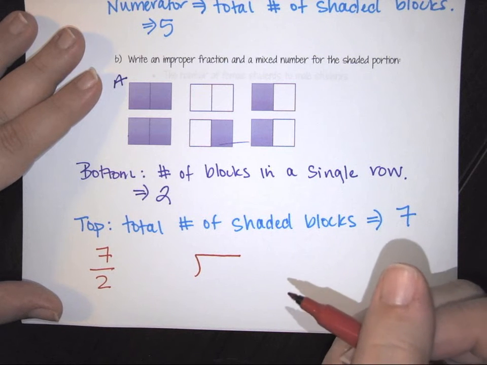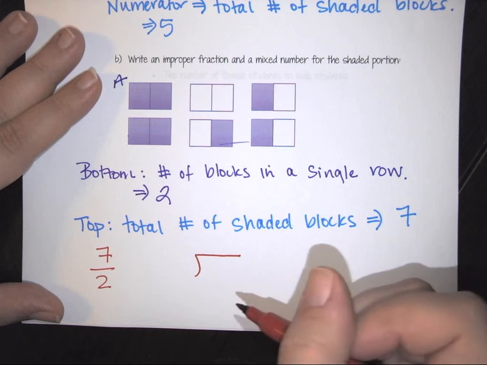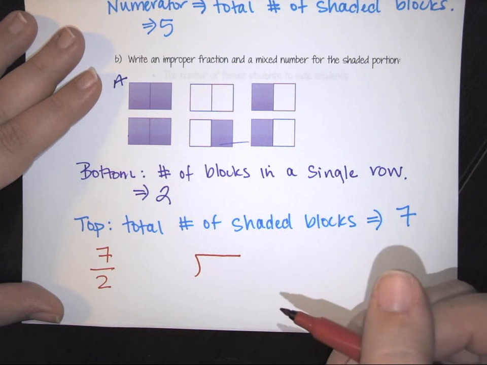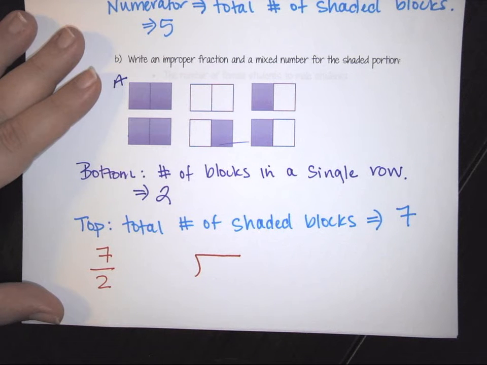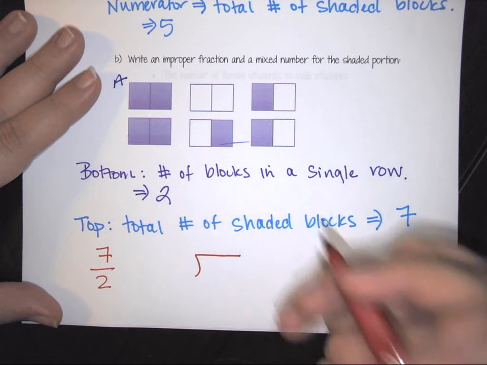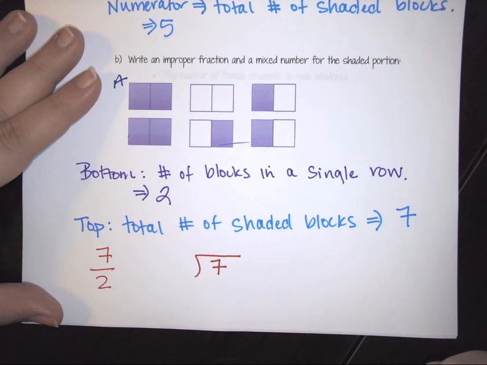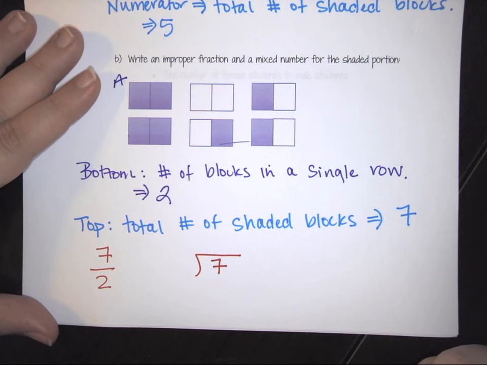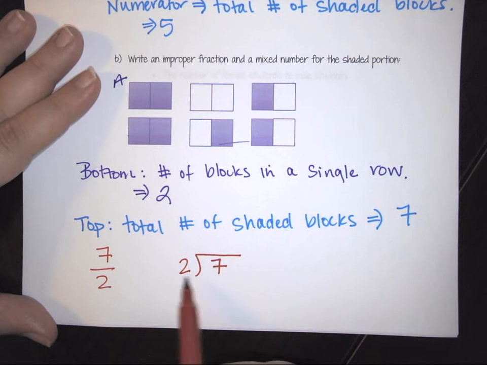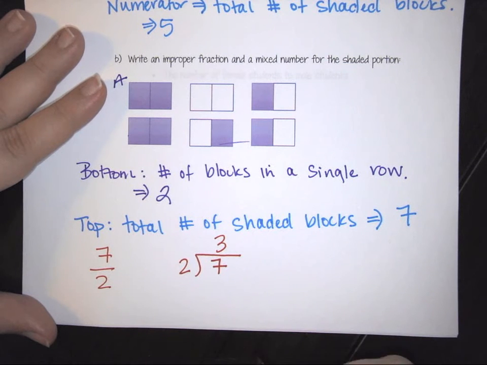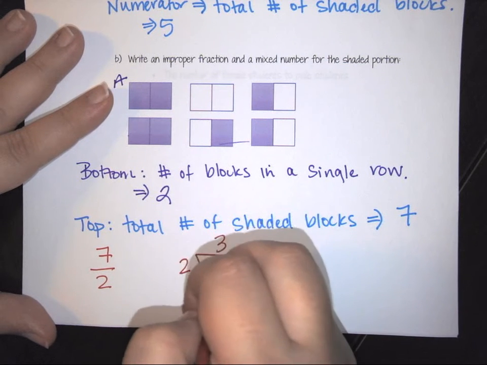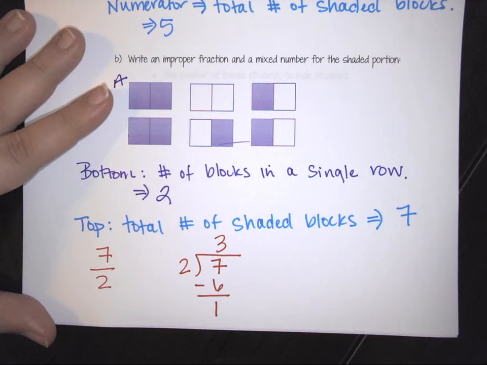We have to put my numerator underneath the division sign, your denominator outside the division sign, and then we run old school division. So 2 can go into 7. Well, it can go into 7 3 times, because 2 times 3 is 6. So we have to subtract the 6 away, leaves us with a 1.